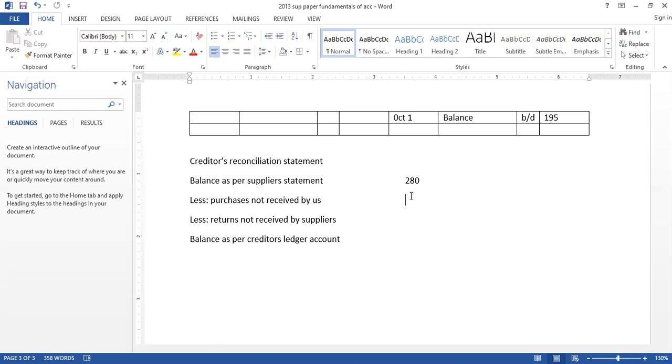It was not our company, it was another company. So we did not receive these purchases, and we are not aware that such a purchase was even made. Therefore you need to subtract it from the supplier statement because it is wrong. So minus 75, and it should be shown in brackets.